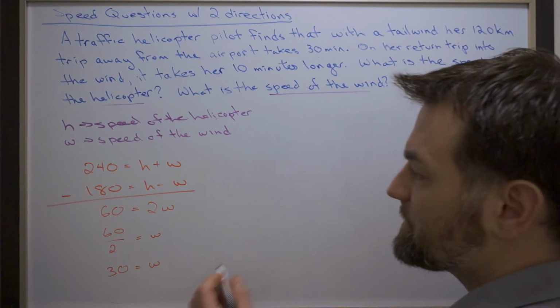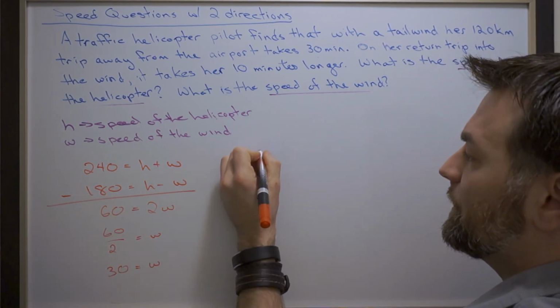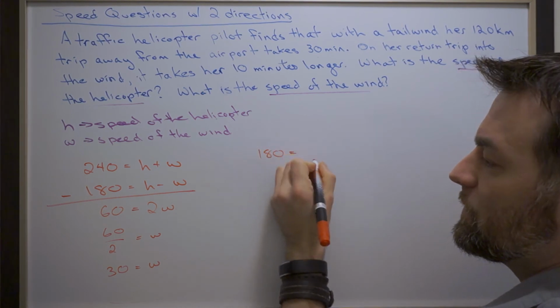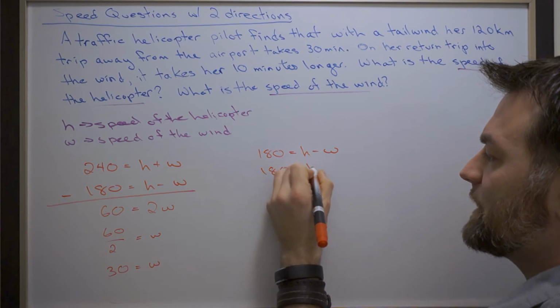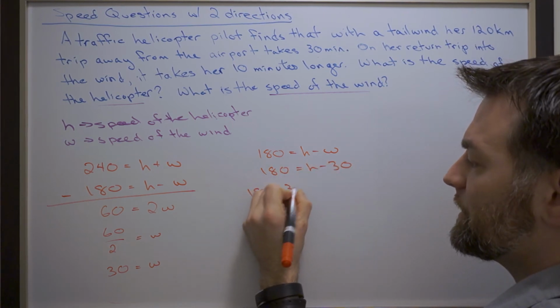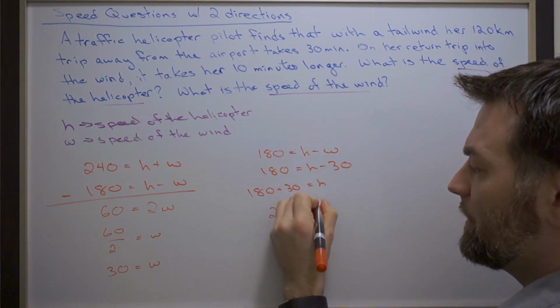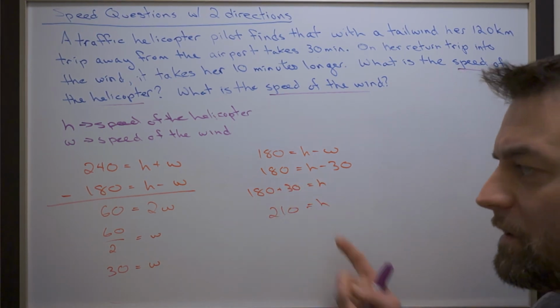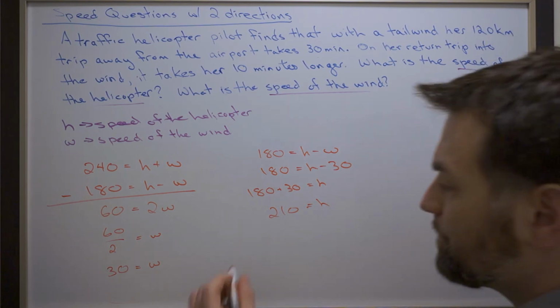And now I can just substitute that into one of the equations here. 180 equals H minus W, so 180 equals H minus 30, or 180 plus 30 equals H, which then gives me 210 for my H. So there's my speed of the helicopter, 210 kilometers an hour.